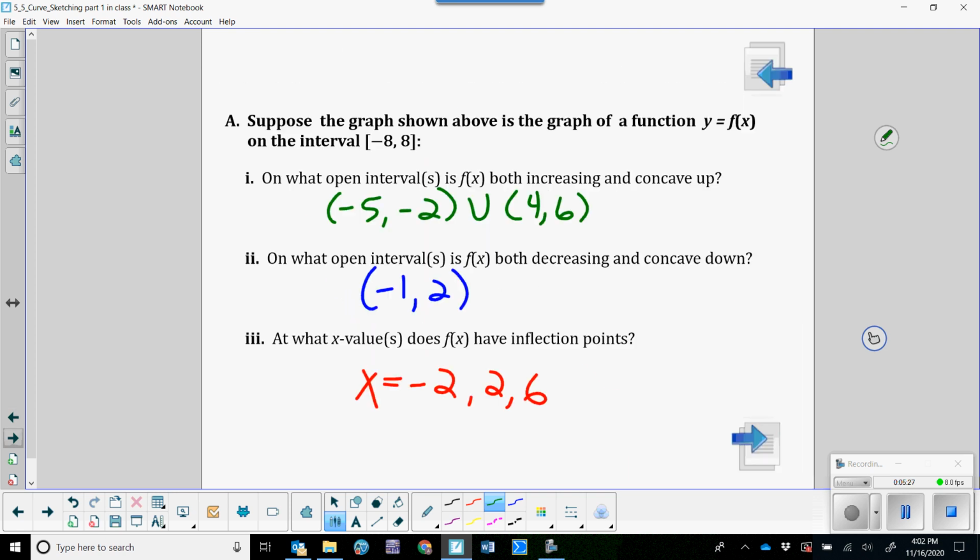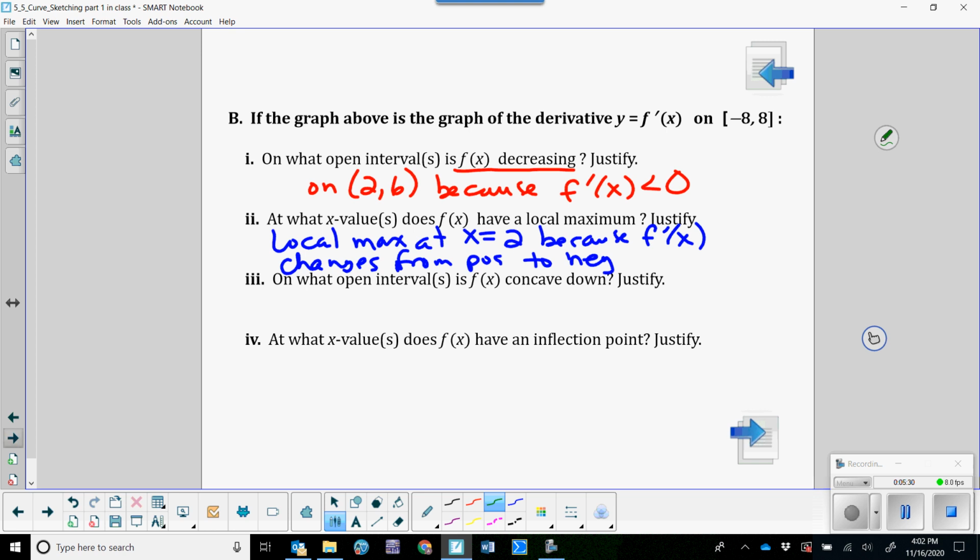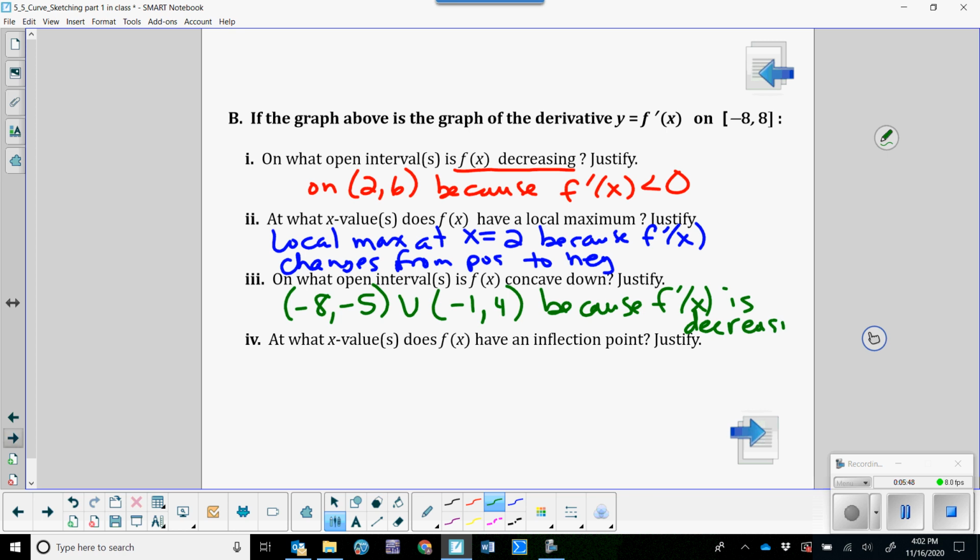So negative 8 to negative 5, union negative 1 to 4, because f prime of x is decreasing. If f prime is decreasing, f is concave down.